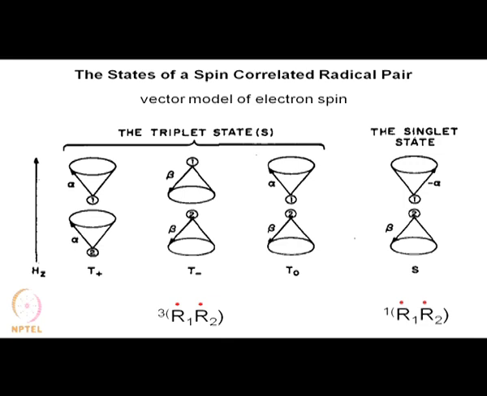So we can say that besides pressure, temperature, ionic strength, or changing the solvent, an external factor like a magnetic field has been shown to be very effective in changing the overall rate.